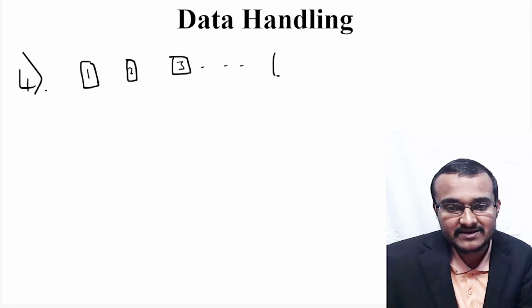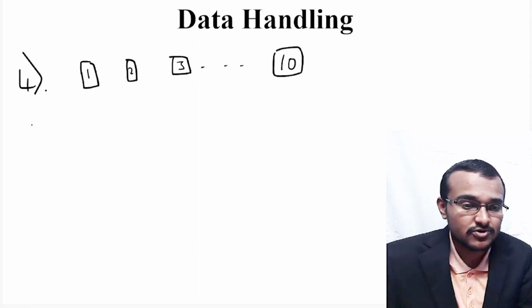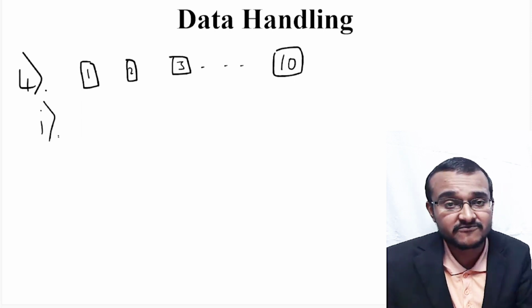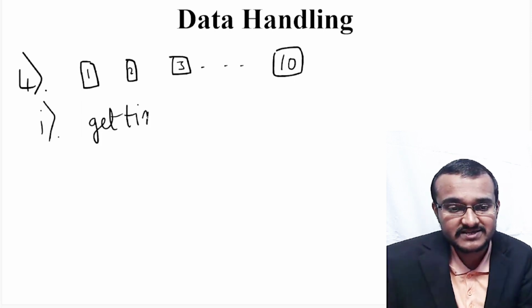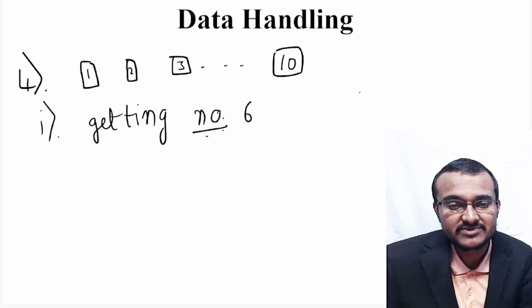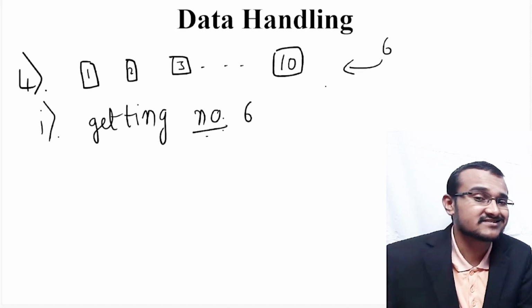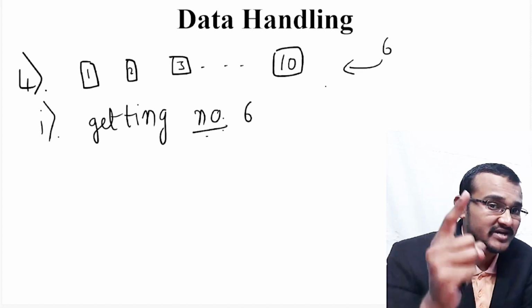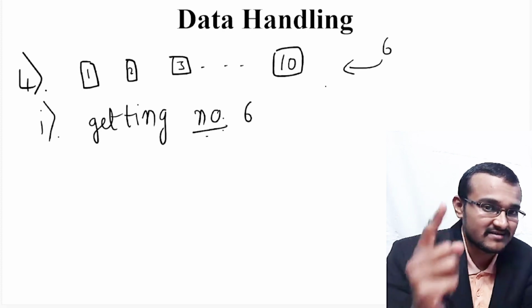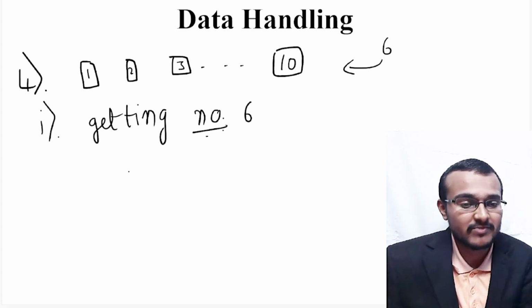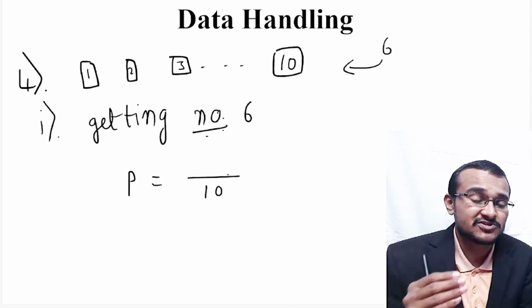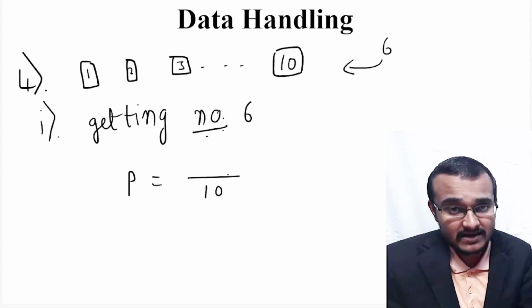So there are 10 different paper pieces here. Coming to the first question in this fourth question, the first question is getting the number 6. What is the probability of getting the number 6? 6 is there only one time in this list. So out of 10, 6 is there on only one paper piece. So 1 by 10 will be the probability, because 10 is the total number of results that can exist.